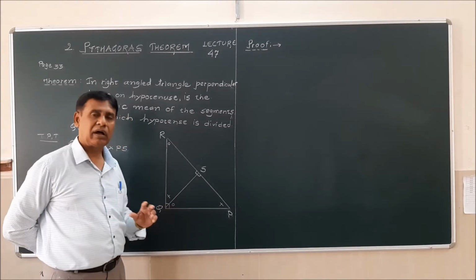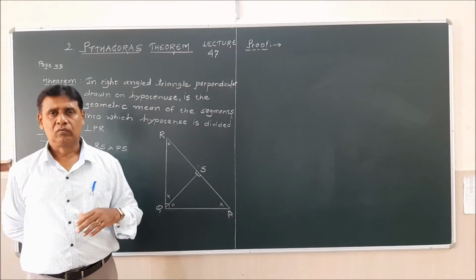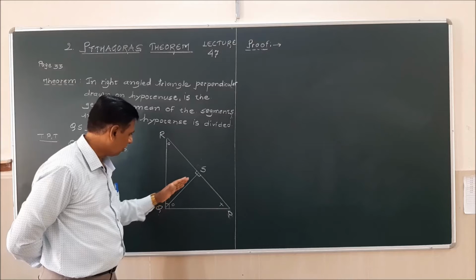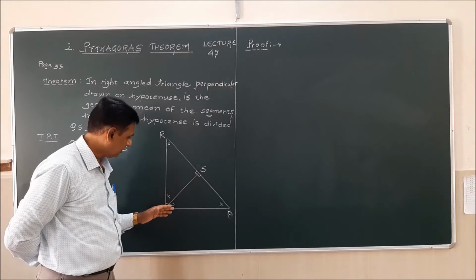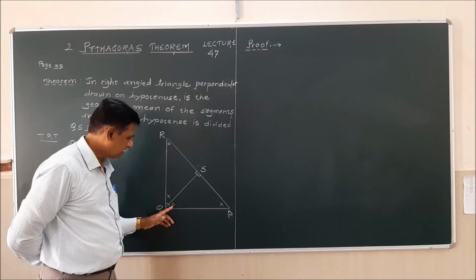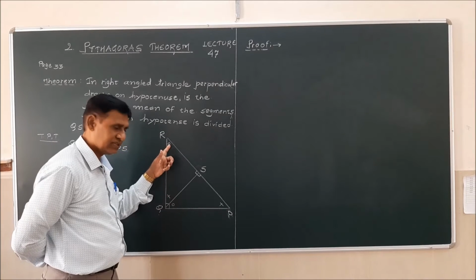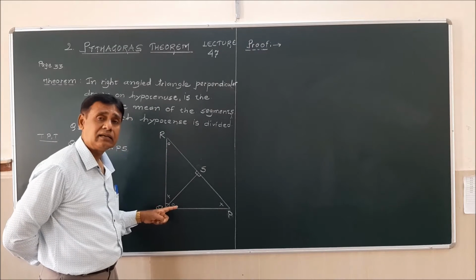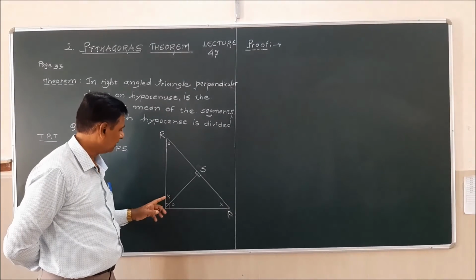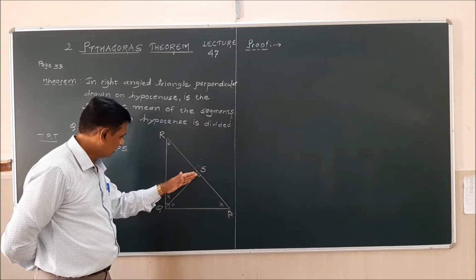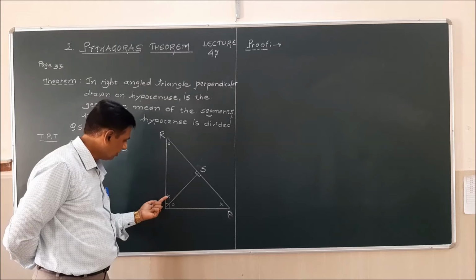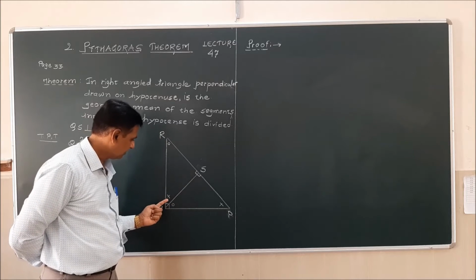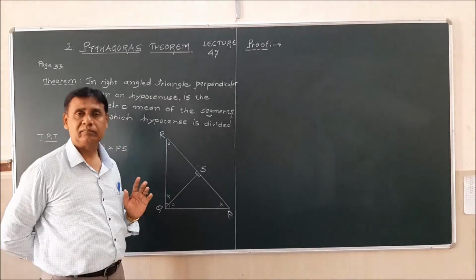Now, this technique you have to use while solving many sums. Whenever you draw a perpendicular, this angle is congruent with this, so you have to show them with identical marks. In the same manner, if perpendicular is drawn, then this angle, namely angle RQS, is congruent with another angle.